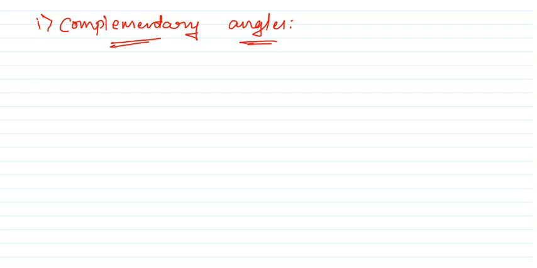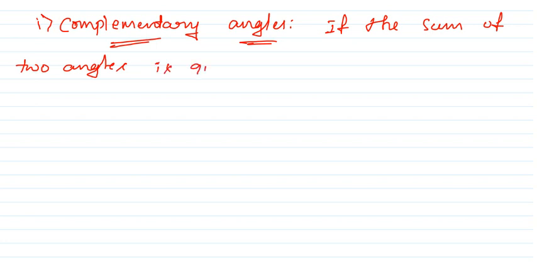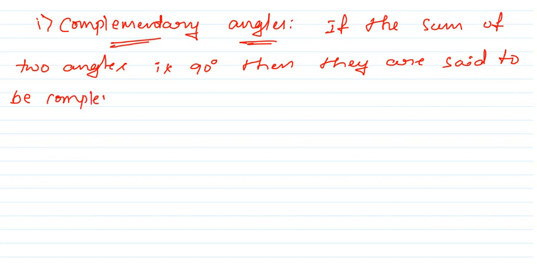See, if the sum of two angles is 90 degree, then they are said to be complementary angle.